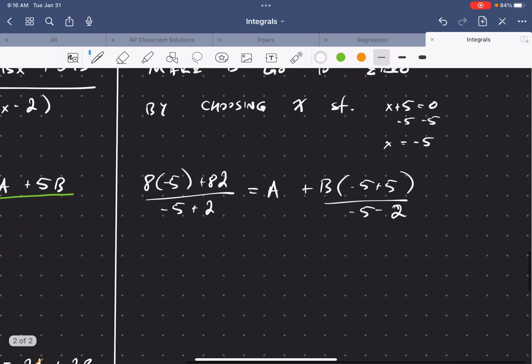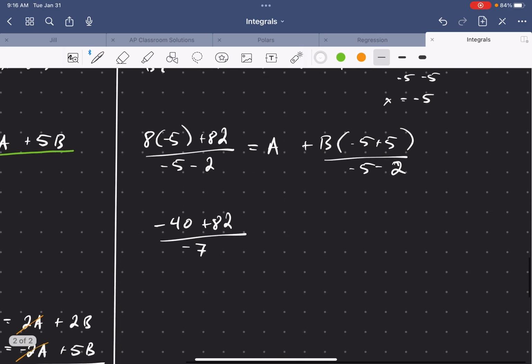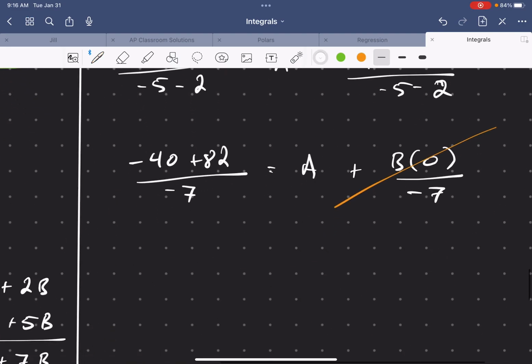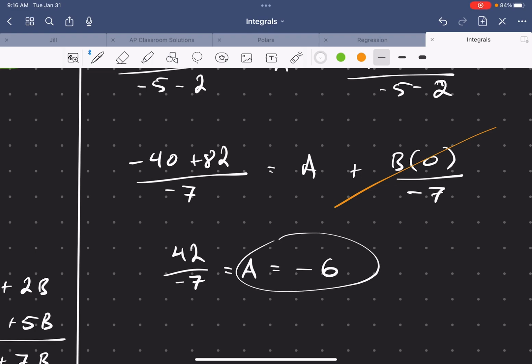So on the left, we have negative 40 plus 82 over negative 7, and this is equal to a plus b times 0 over negative 7. Since we have b times 0, that term goes away. We now have 42 over negative 7 is equal to a. So that would evaluate to negative 6.